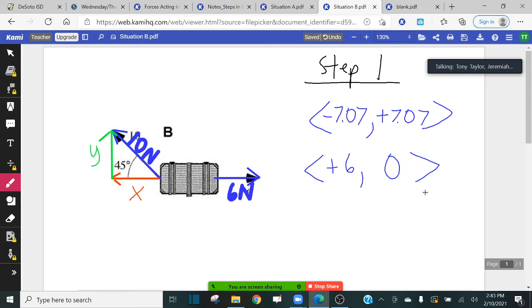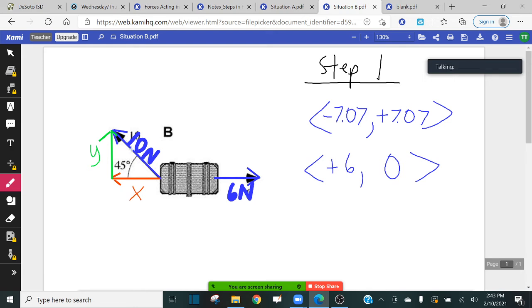Wait, what am I missing? Did you do the other one yet? What do you mean? That's what I'm doing now. Oh, so you got the 7.07 from the first one? Yes, for this vector, the 10 newtons.